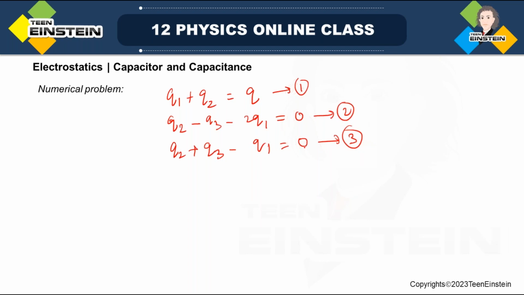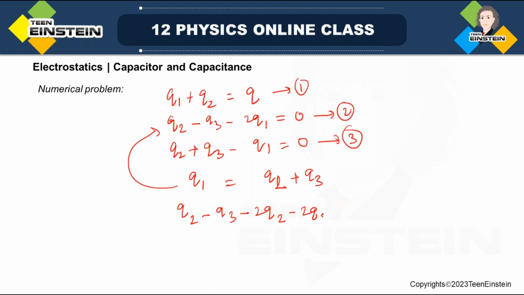So I can do one thing. From the last equation, I'll find out Q1. So Q1 is equal to Q2 plus Q3. This I can put in equation 2. If I put it there, I have Q2 minus Q3 minus 2 of Q2 plus Q3.